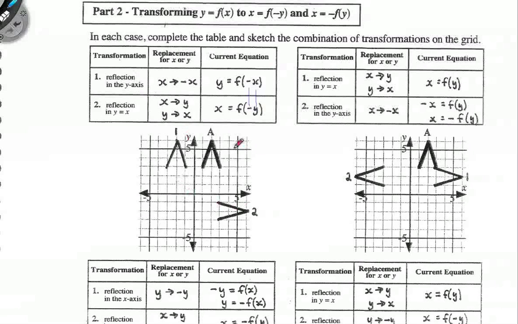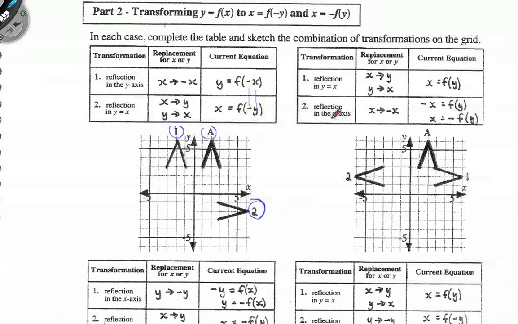So here's the diagram. If you look at A, the first thing that happens is it goes to 1, and then reflection in the y equals x line goes to 2. Replacement again here: reflection, first of all, in the y equals x, in other words, it's an inverse function. You switch the x and y's, you get this. Fair enough. Now a reflection in the y.